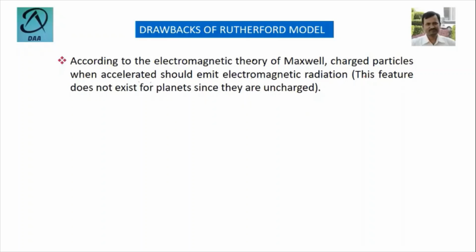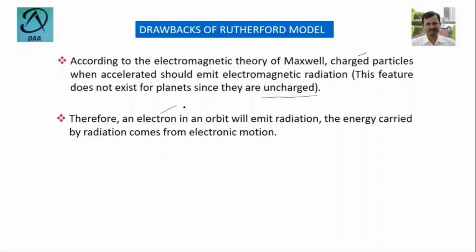According to electromagnetic theory, a charged particle, here the electron, when accelerated should emit electromagnetic radiation. This does not apply to the planet because the planet is uncharged, if you consider it as a particle.